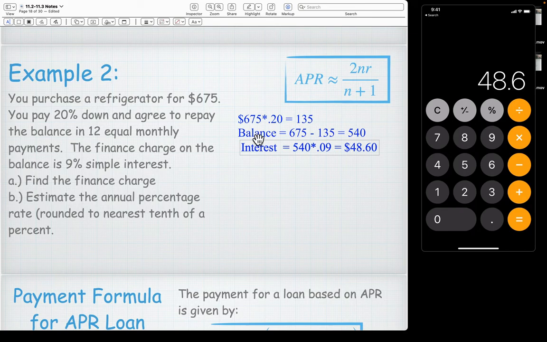And so our total amount, we need to pay the $540, but we also need to add to that $48.60. So total is 540 plus $48.60, so $588.60.